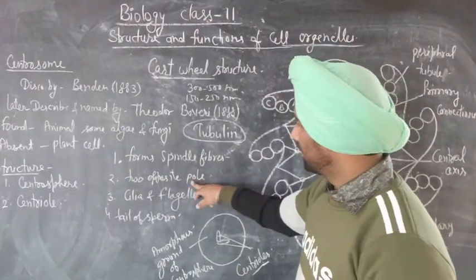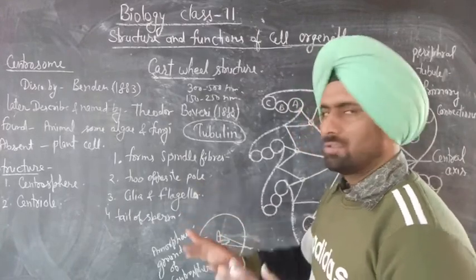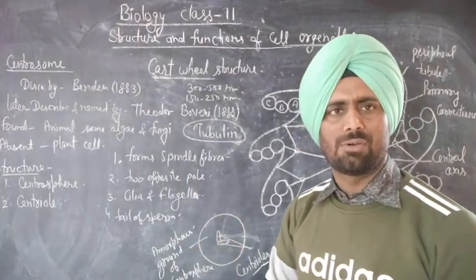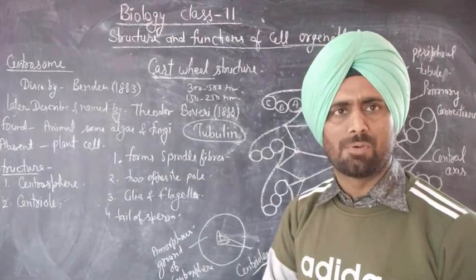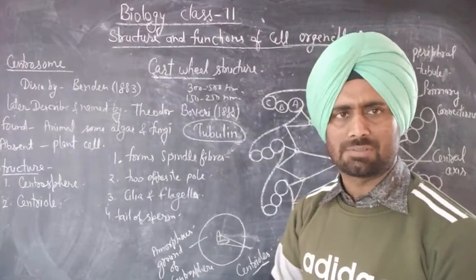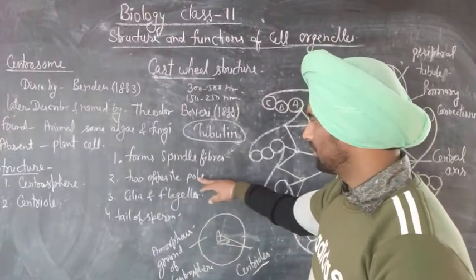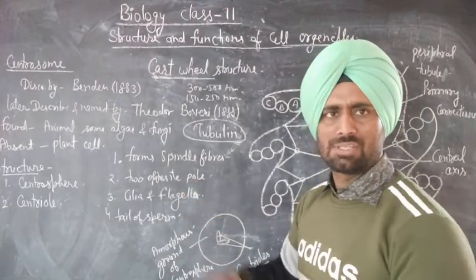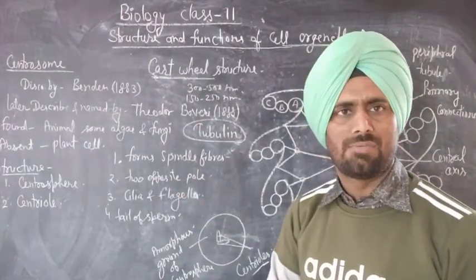Second function, the two centrioles make opposite poles in the cell during the cell division.